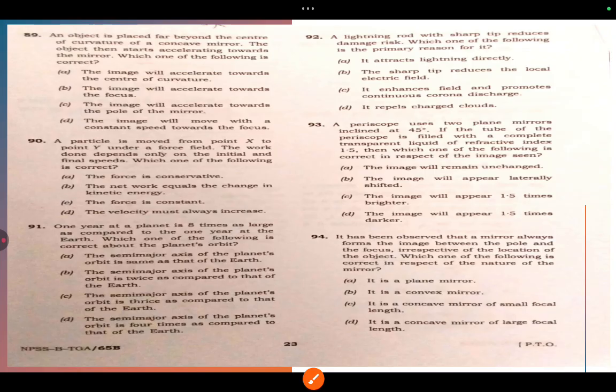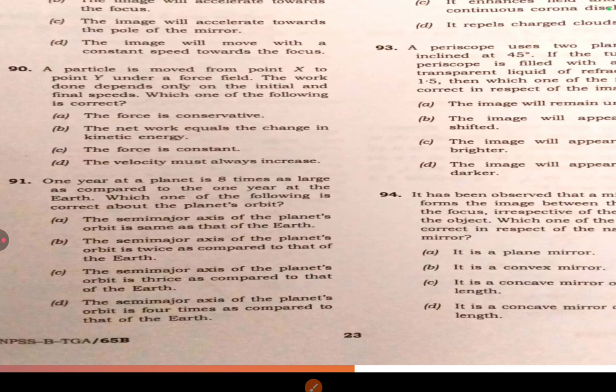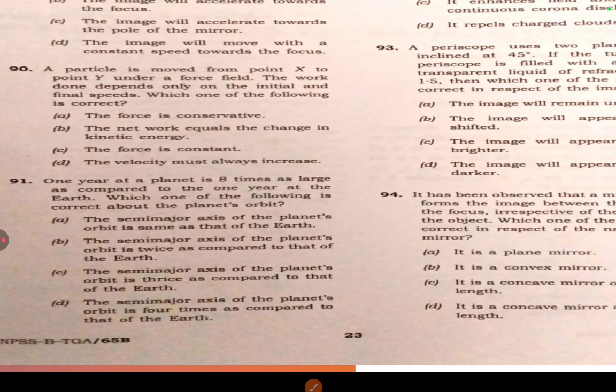One year on a planet is 8 times as large as compared to one year on the Earth. Which one of the following is correct about the planet's orbit? A, the semi-major axis of the planet's orbit is the same as that of the Earth.